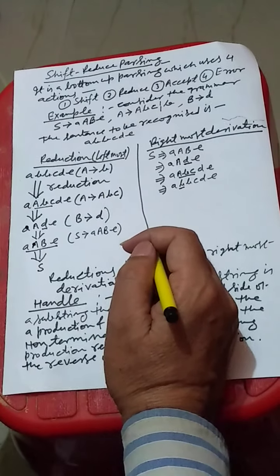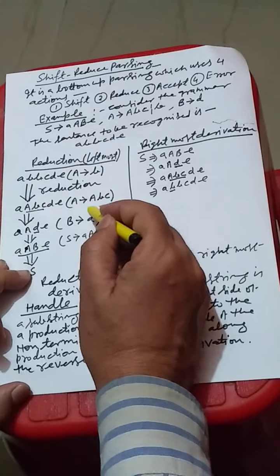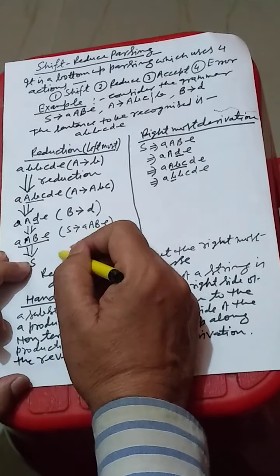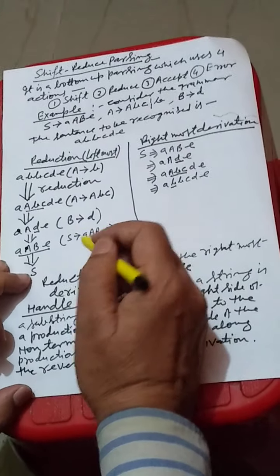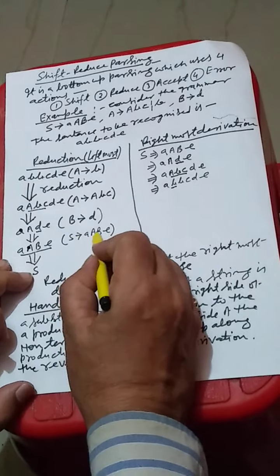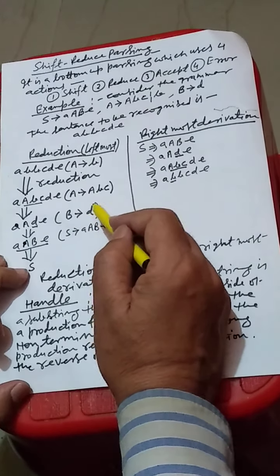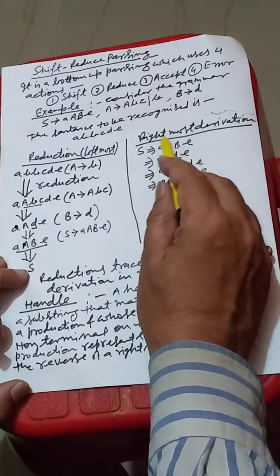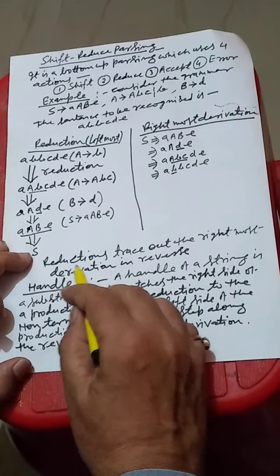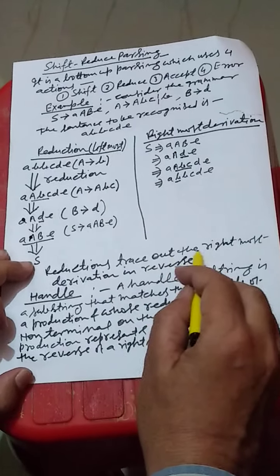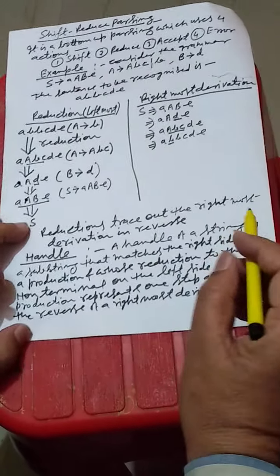That is parsed. Whatever production rules we have used, if I use them in the reverse way, S produces a A B e first, then this will be the rightmost derivation. So reductions trace out the rightmost derivation in reverse.